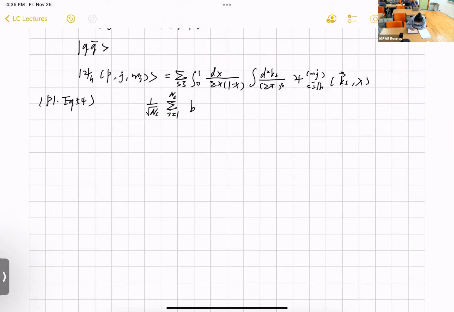So this 1 over square root of NC is the color factor for the Meson state, since it's a color singlet, and then since we have the creation operators.